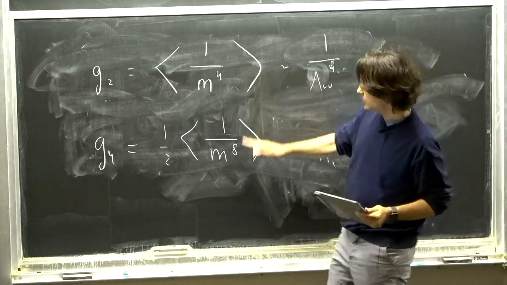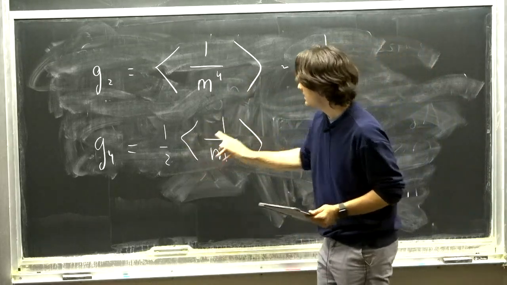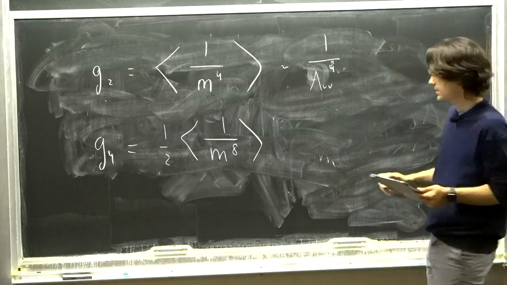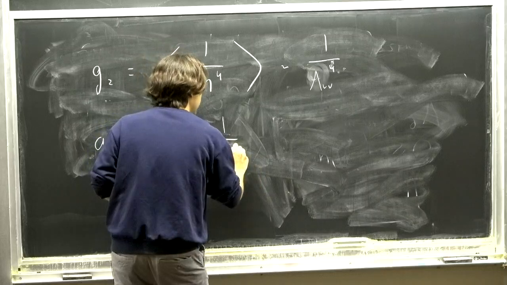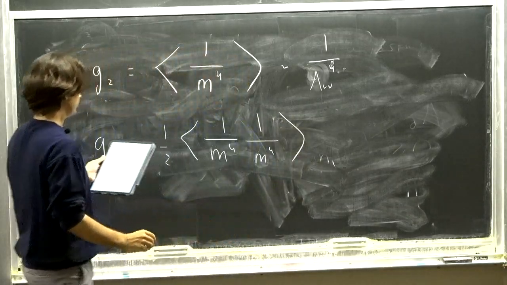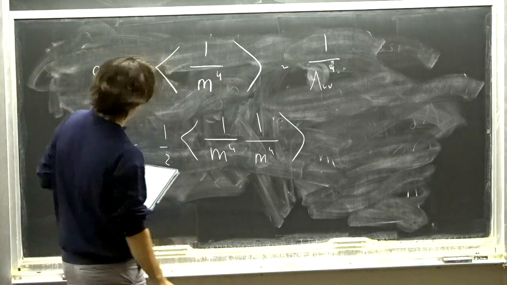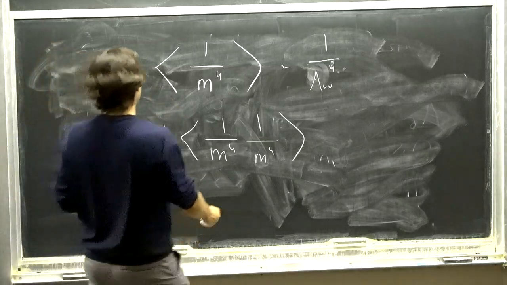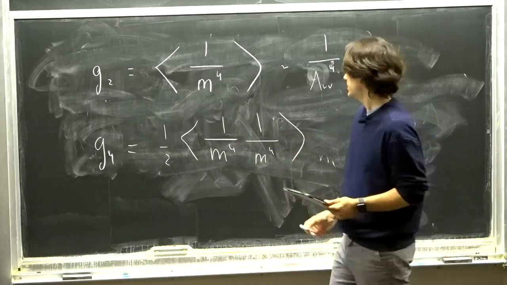Okay, but why is this more detailed sum rule better than just saying that it's positive? This is a positive average. So actually, we can use a Cauchy-Schwarz inequality. We can say that this thing, let me write this as 1 over m to the fourth, should be smaller or equal than the average of each one of these, in particular.